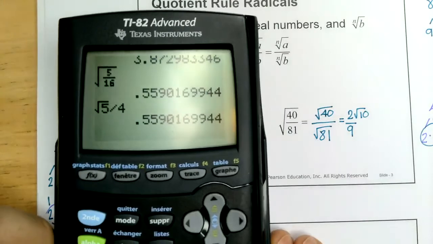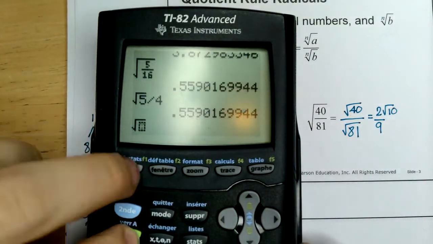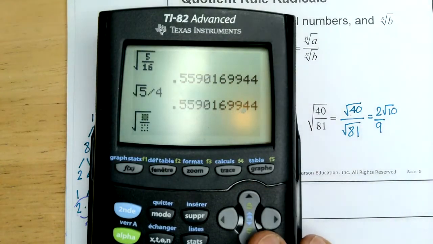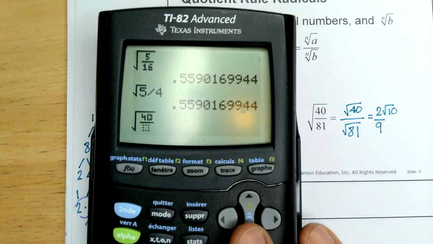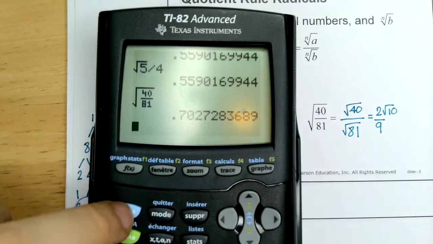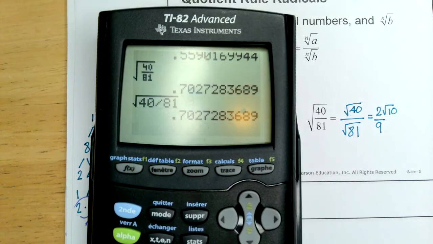Here, I have the square root of, and you can put it under a fraction like this, under the radical like this, 40 over 81. Or you can just say 40 divided by 81. That'll give you the same answer.